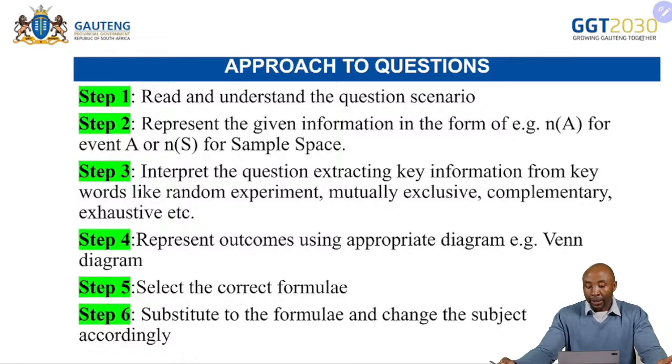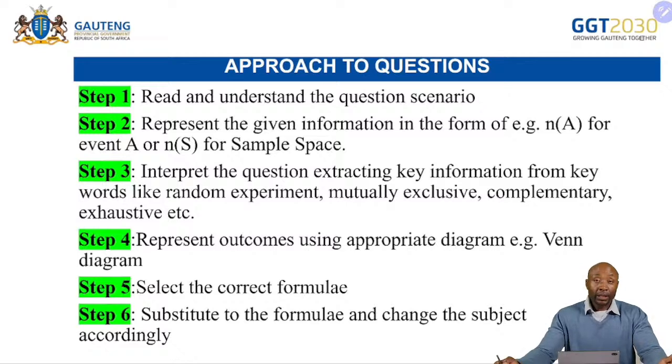If it's numbers, then you represent the number in set A or number green, number blue, depending on what you are dealing with. And then our sample space, we use capital letters S and N. Interpret the question, extracting key information from keywords like random experiment, mutually exclusive, complementary, exhaustive. You will know what to use.